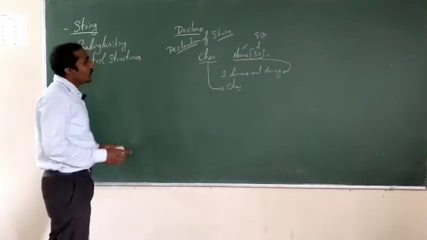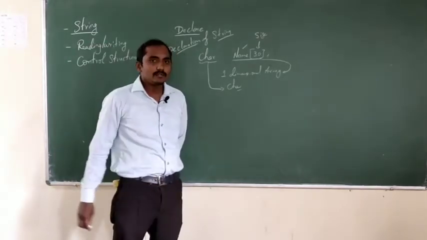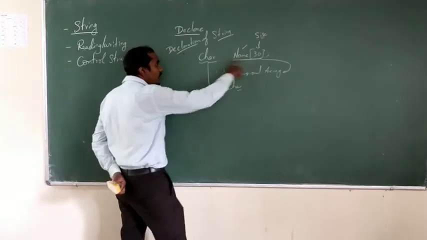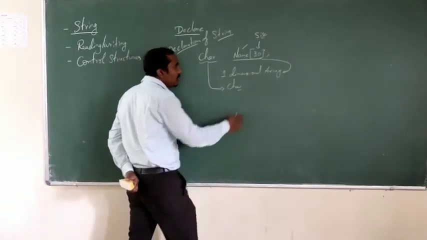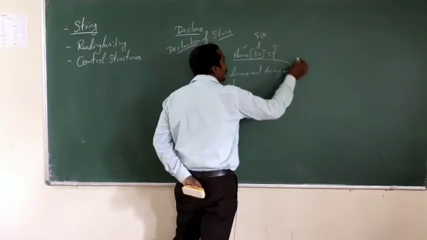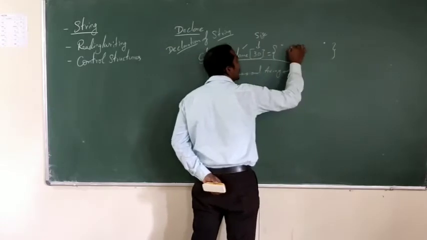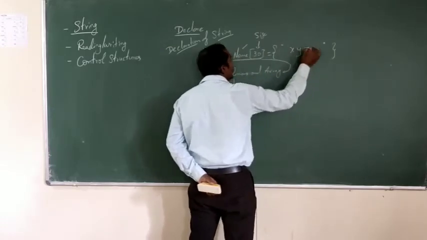Once it is defined, strings can also be initialized. Initialization is, after having declared the variable, it can be done directly here itself. That is, you can assign with equals within flower brackets. Directly I can write the name XYZ.